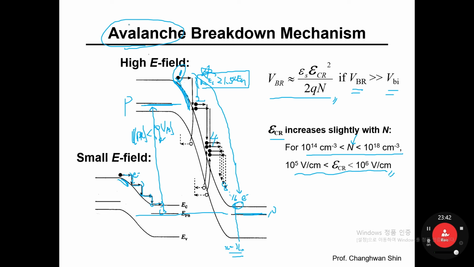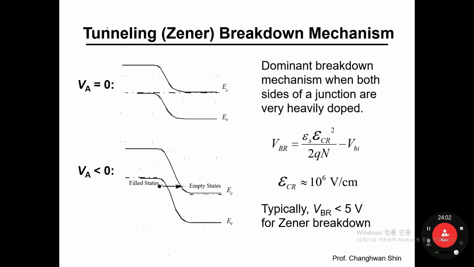So people are naming it avalanche breakdown. Okay. All right, this is one of the types to explain how the exponentially increasing reverse current can flow across the PN diode. Okay, so this is one of the mechanisms. The second mechanism to explain how the breakdown can happen across a PN diode is the tunneling breakdown mechanism.